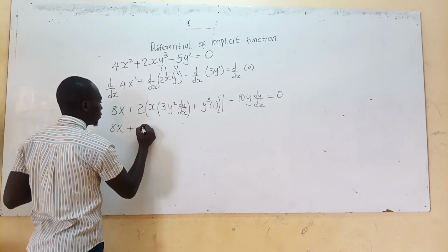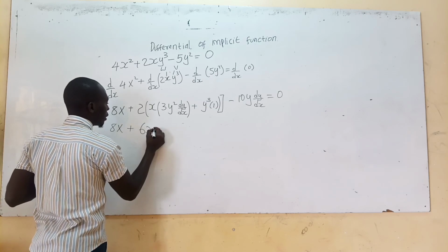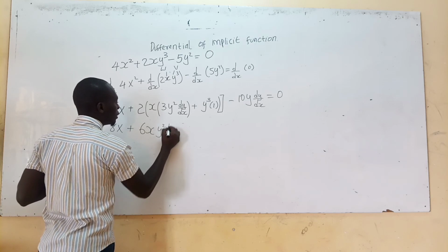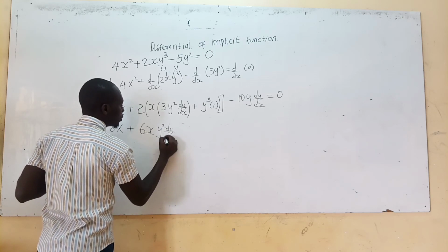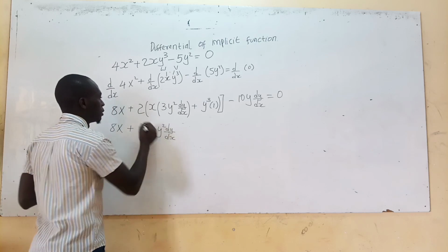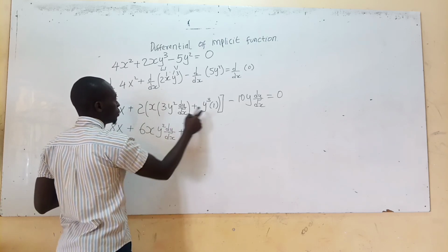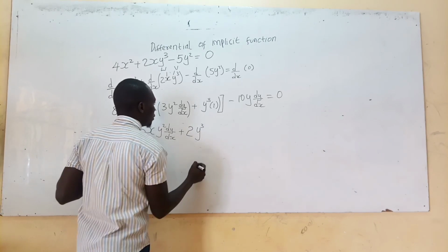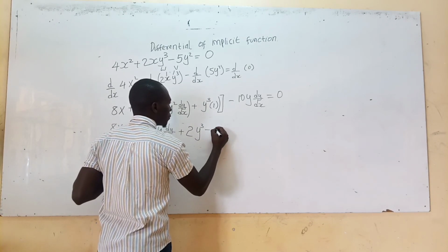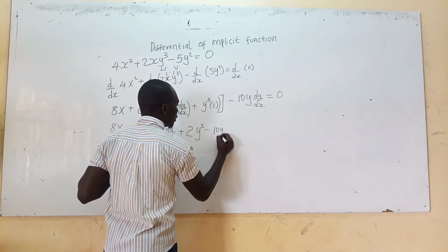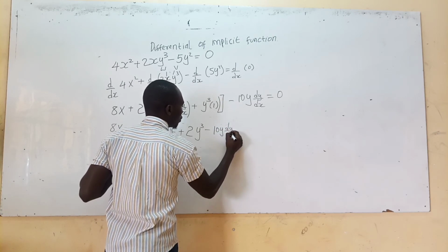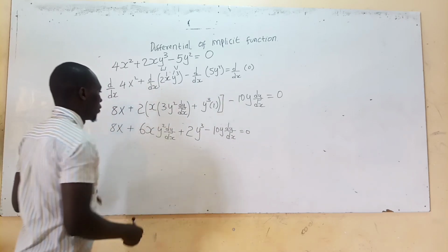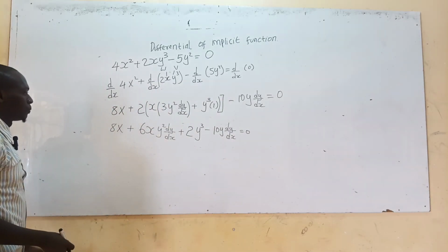Here we are going to have 6x y squared dy with respect to dx. We add 2, this one multiplied by this, we are going to have 2y cubed. And lastly, subtract 10y dy with respect to dx, everything is equal to 0.